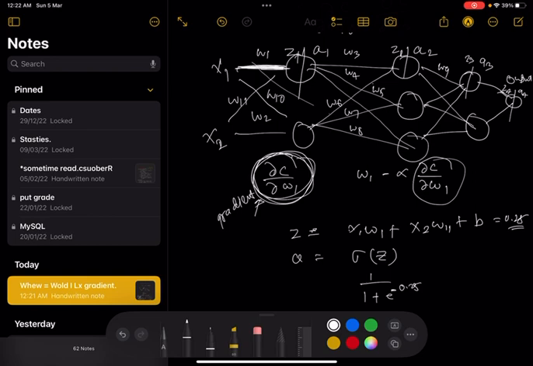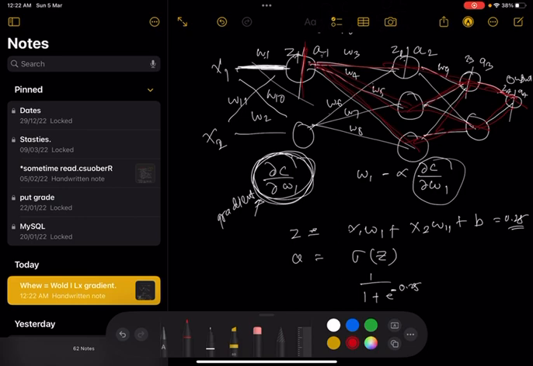We calculate the derivative of z1 with respect to w1, then the derivative of a1 with respect to z1, because z1 depends on w1, a1 depends on z1, and a1 depends on this one. One loop will go like this, the other loop will go in this fashion, and another like this. We have to calculate all these values to reach this point.